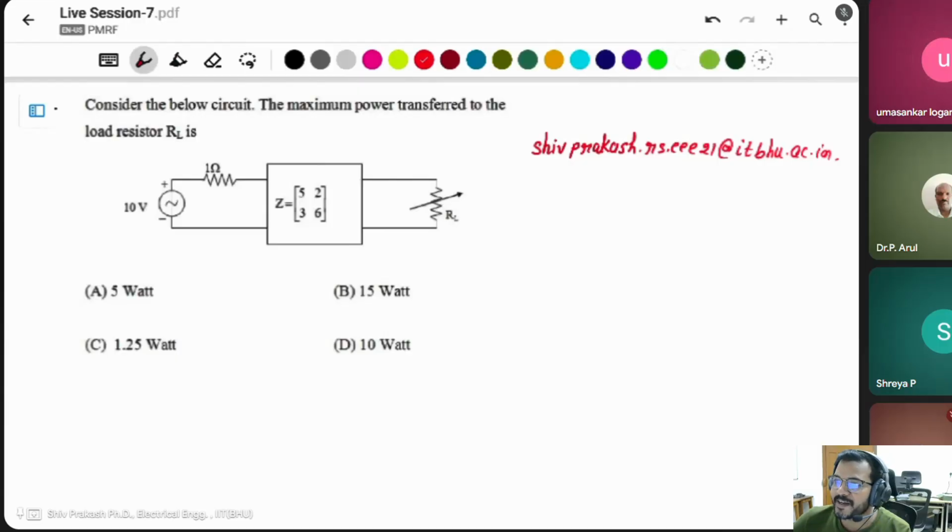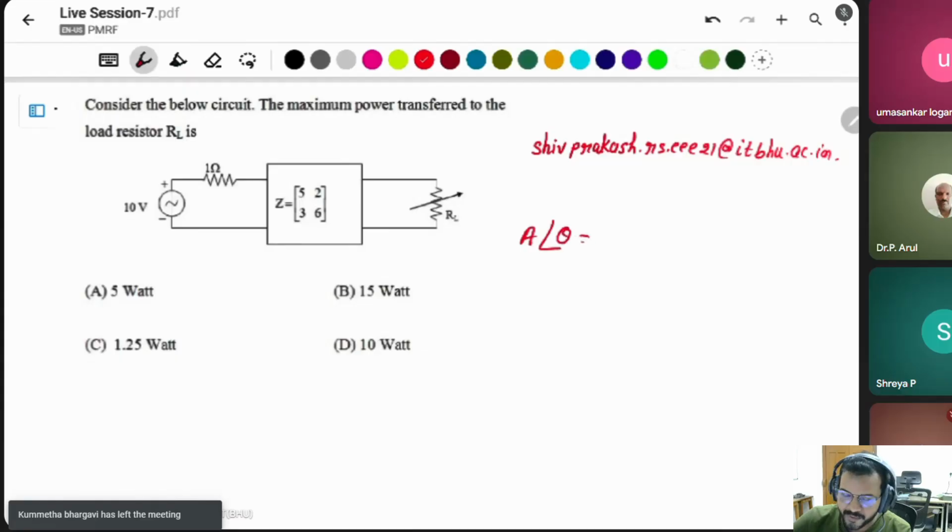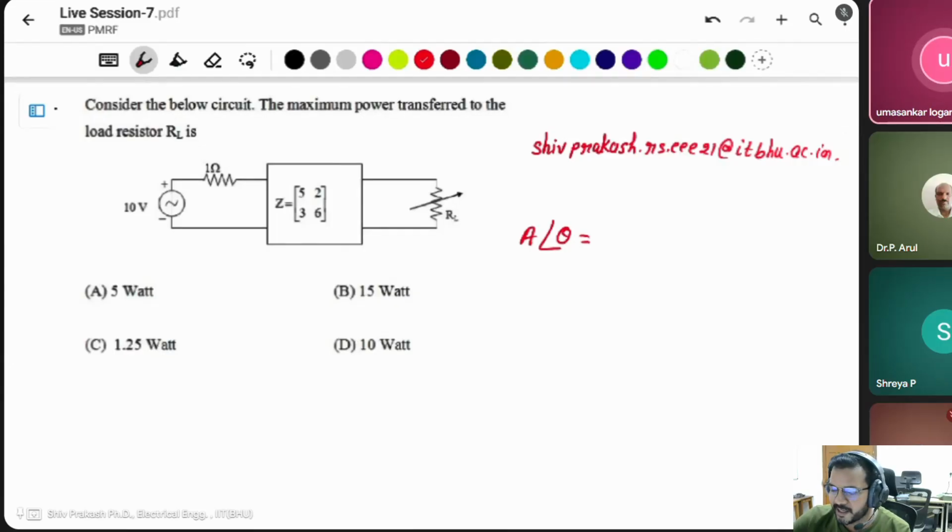You have to practice more and more. A cos theta plus j sin theta in rectangular form takes more time. I understand.